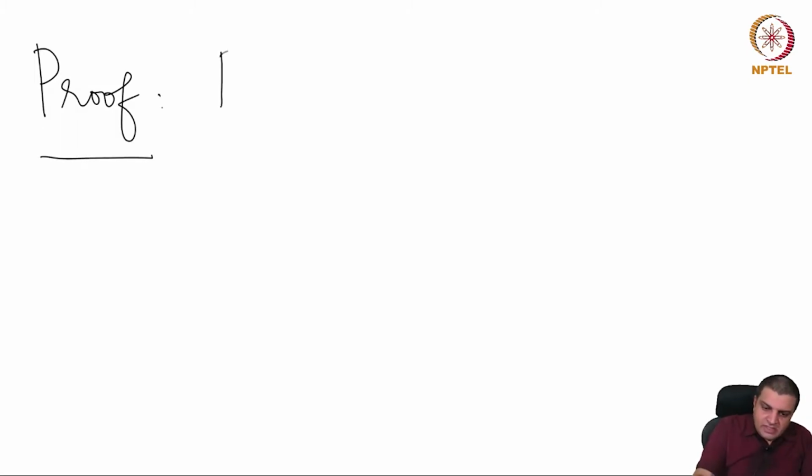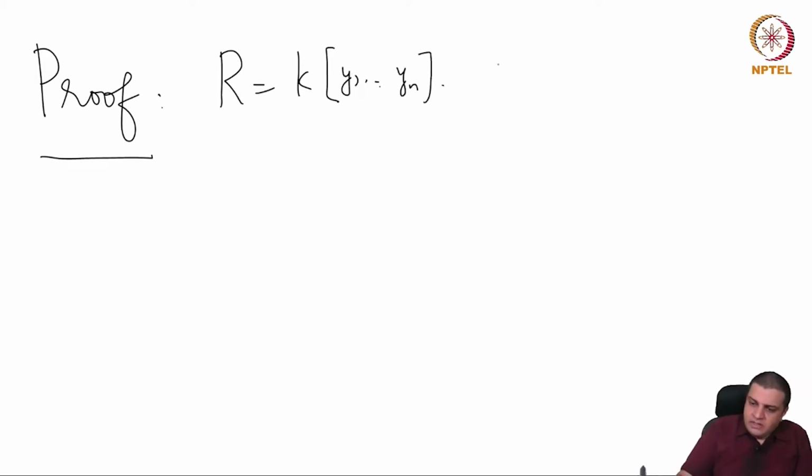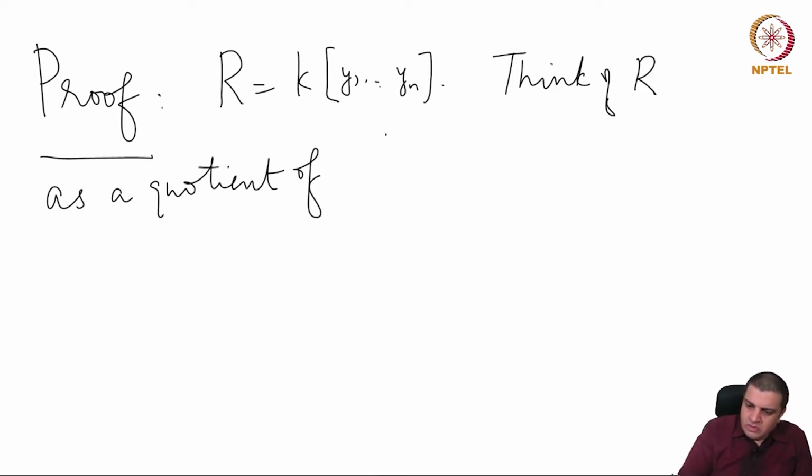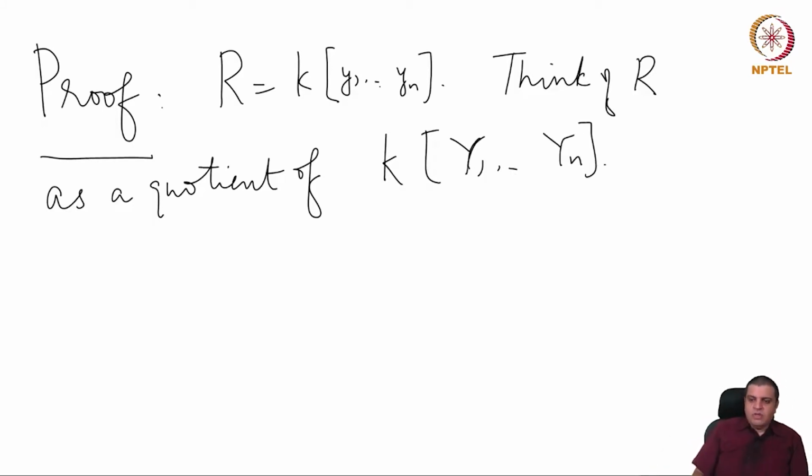So let's write R is k[y1, ..., yn], little y's, and think of R as a quotient of the polynomial ring in that many variables y1 through yn. Okay, and if this is an isomorphism, if the kernel is 0, then there is nothing to prove.